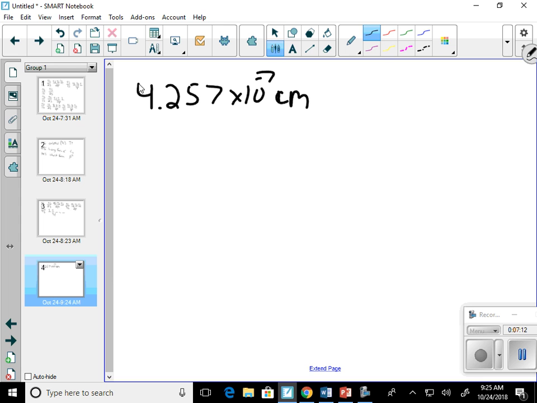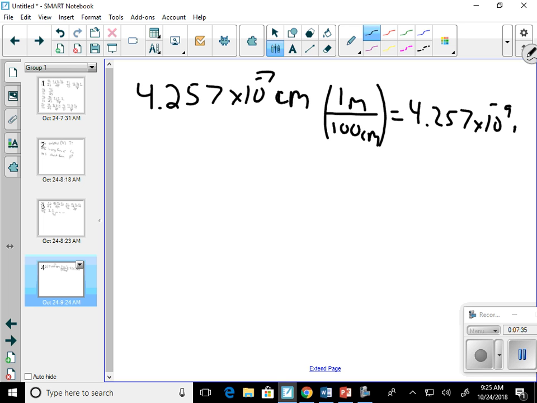So even though I give you the equation, you have to be the one that understands you have to start with a metric conversion. There's 100 centimeters for every meter, and that's something that you do need to remember. Since the 100's in the denominator, I'm dividing by 100. That means this gets me 4.257 times 10 to the negative 9th meters.